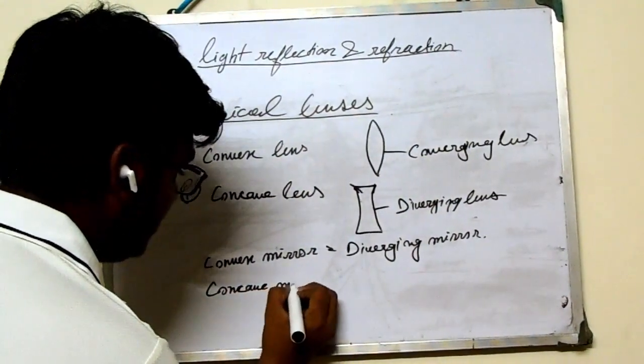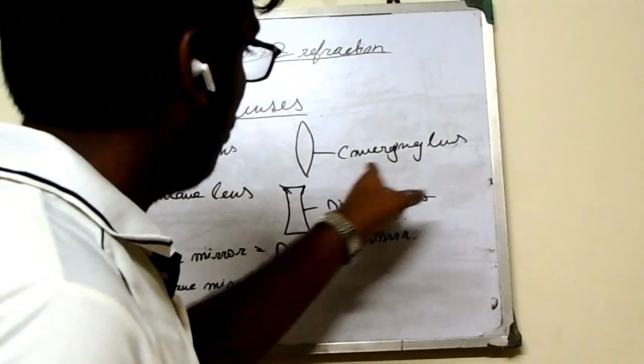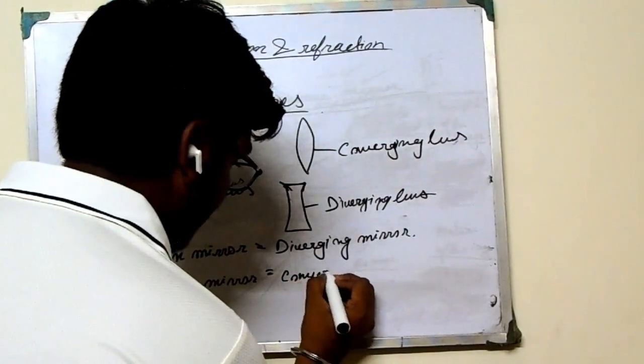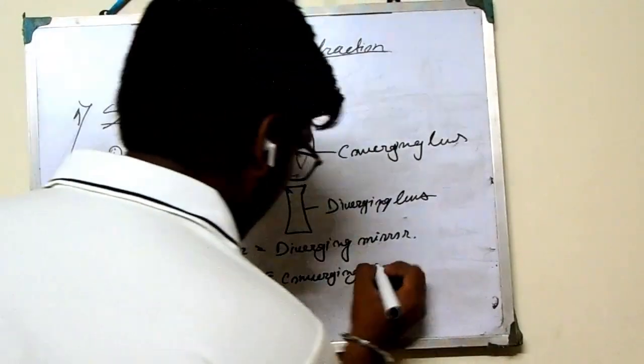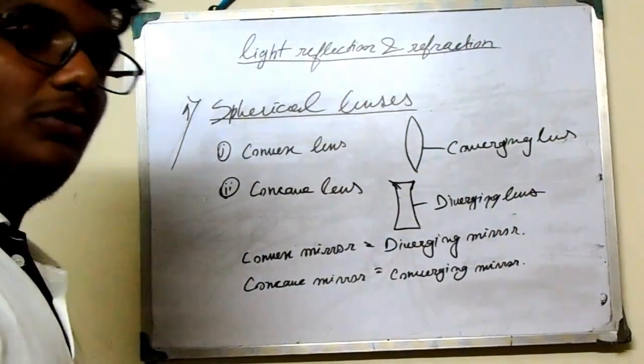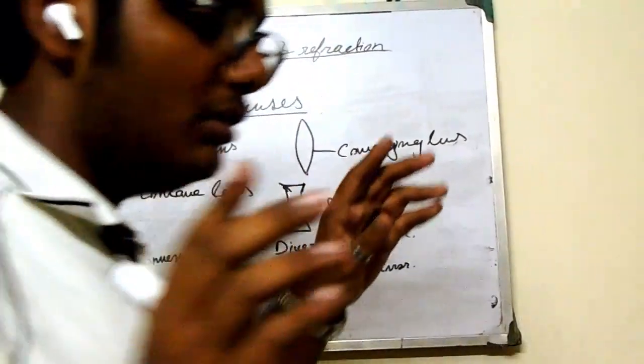Concave mirror becomes converging mirror. This is very simple, but you have to remember it.